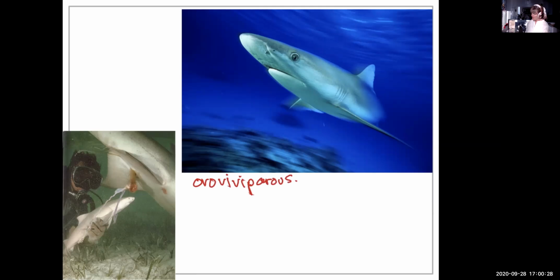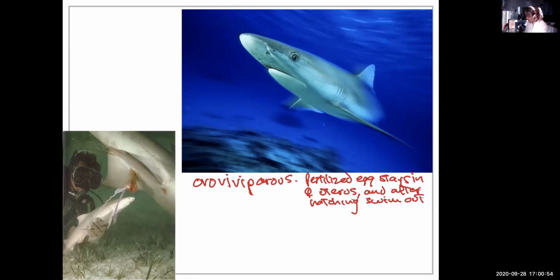So the fertilized egg stays in the mother's body, stays in the female uterus. And after hatching, they swim out fully formed. So some sharks exhibit that kind of reproduction. Some of them are oviparous.